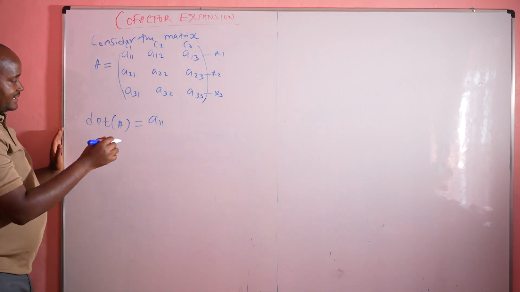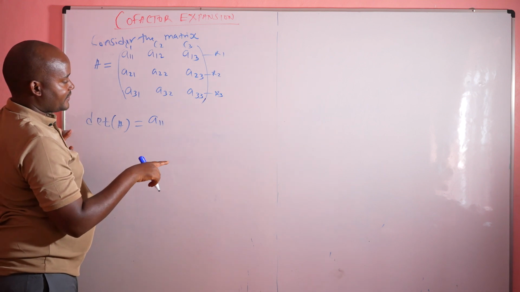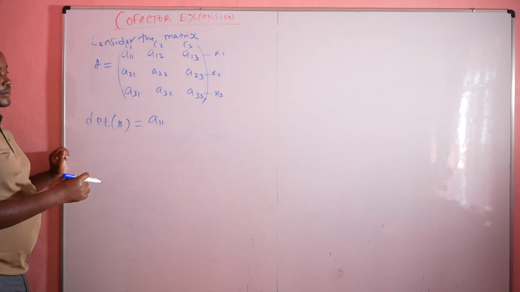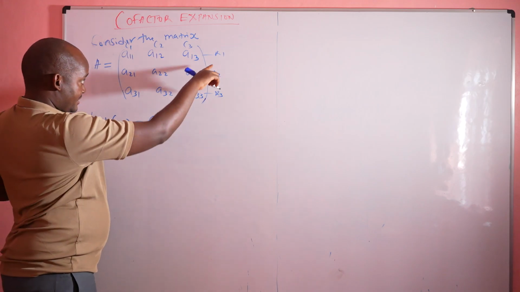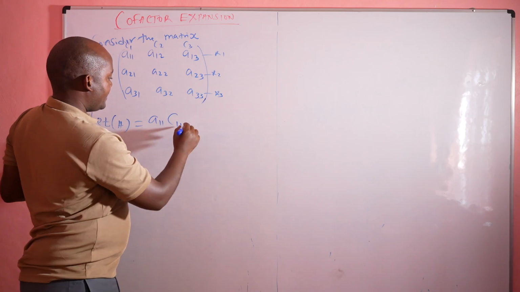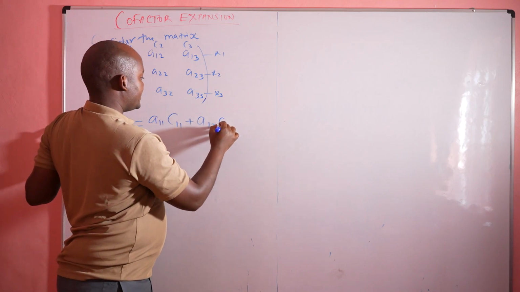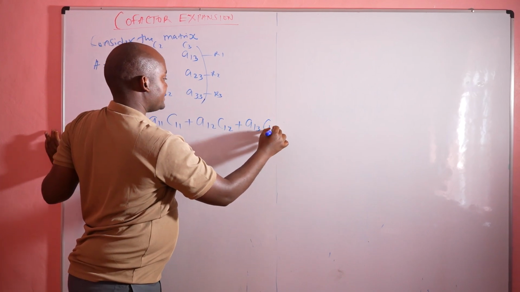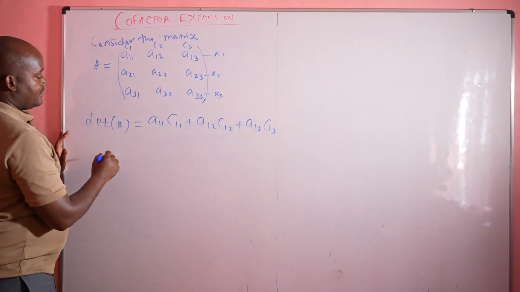So the determinant is given by any row or column. You multiply the entries by their corresponding cofactors and you sum the products. For example, if we take row 1, we can multiply A11 by C11 plus A12 multiplied by C12 plus A13 multiplied by C13. That is row 1.